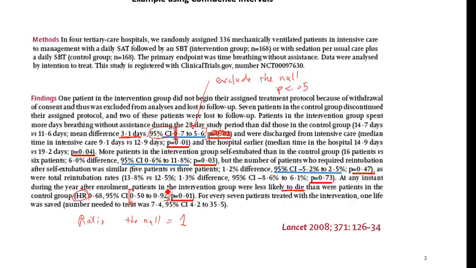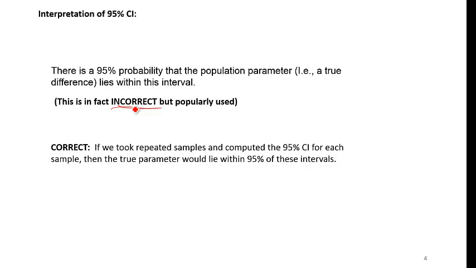And in fact, from a statistician's point of view, what I just said is wrong. And the correct way, okay, so let me read this. If we took repeated samples and computed the 95% confidence interval for each sample, then the true parameter would lie within 95% of those intervals. Well, it sounds similar to what we just said, right?